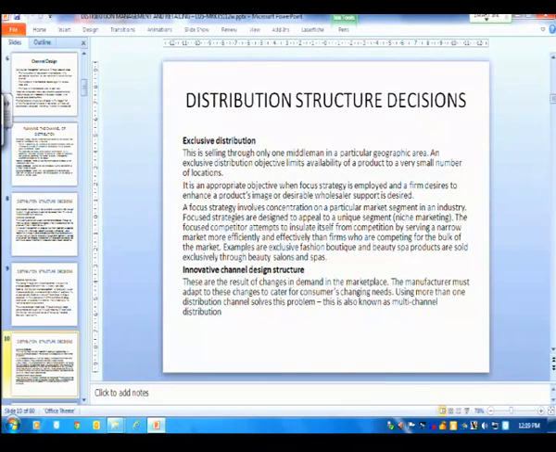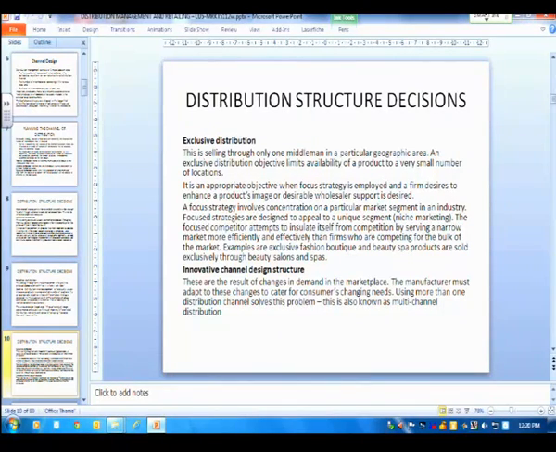Whereas exclusive distribution is selling through only one middleman in a particular geographic area. An exclusive distribution objective limits availability of a product to a very small number of locations.